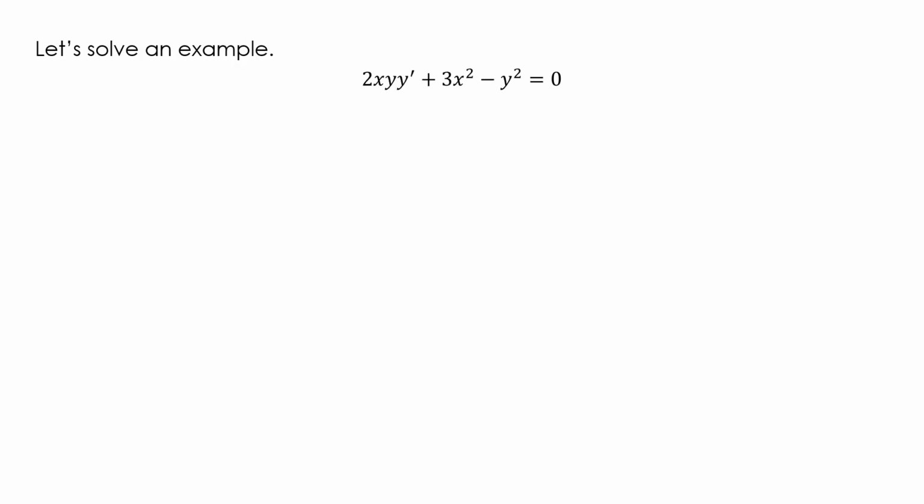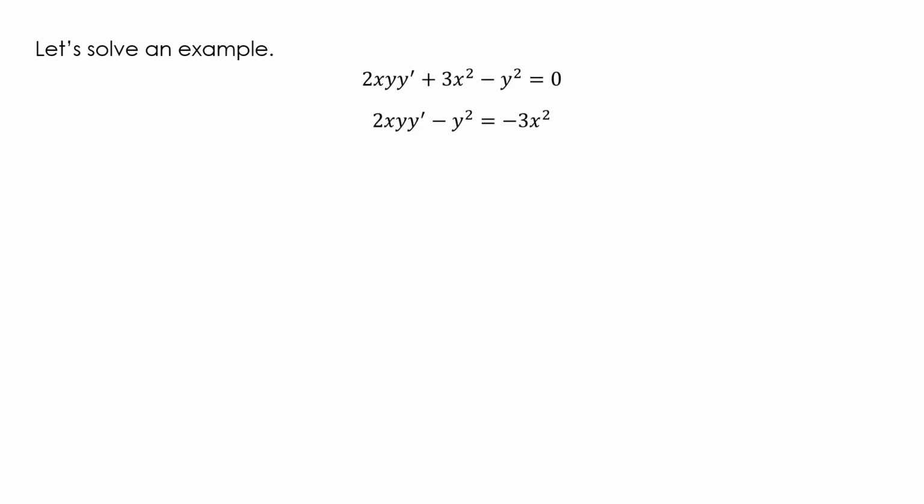So, 2xy y prime plus 3x squared minus y squared equals 0. First, we have to rearrange the equation such that the first term is y prime, the second term is y, while the right side is a function of x.